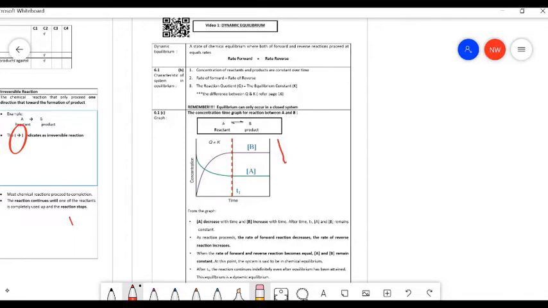Okay, sampailah satu masa, okay, pada T1 ini, the concentration of the reactant A akan menjadi constant. Concentration of the reactant B akan increase over time sampailah satu saat T1 di mana concentration of the product ini, okay, ataupun concentration of B akan remain constant. Okay, so saat concentration reactant A dan concentration product B remain constant, saat itulah kita punya dynamic equilibrium is achieved.